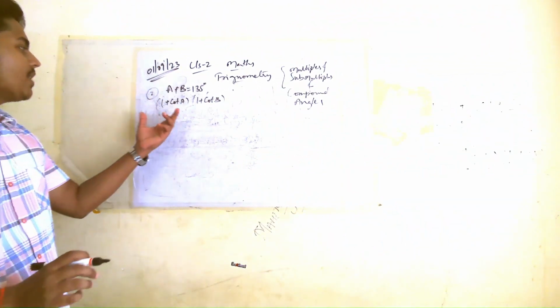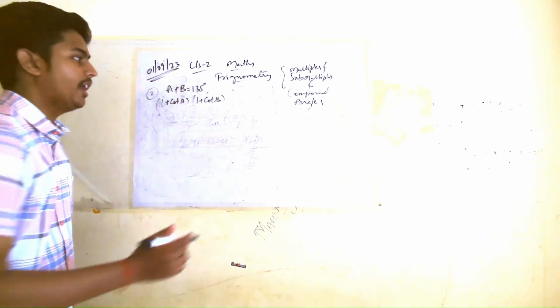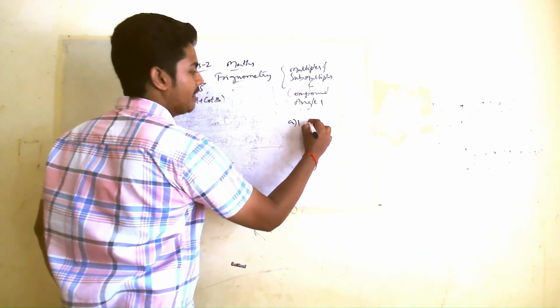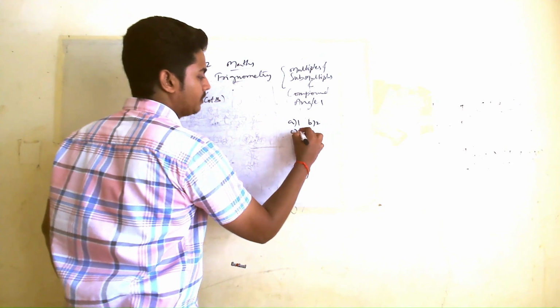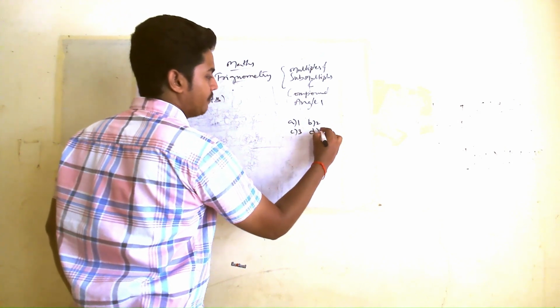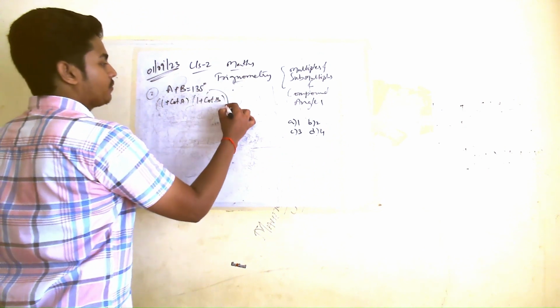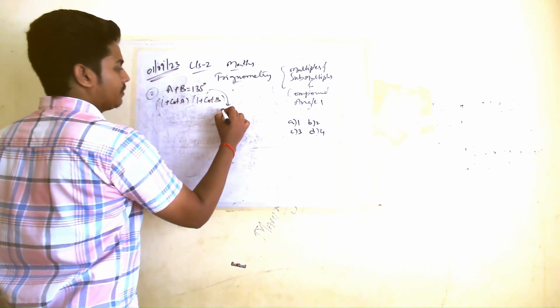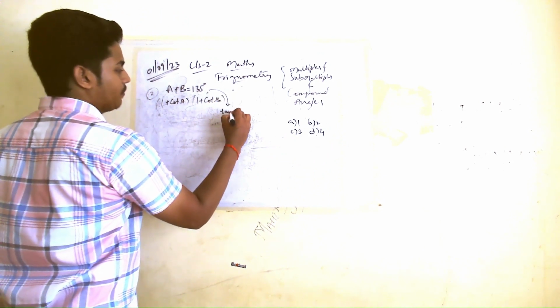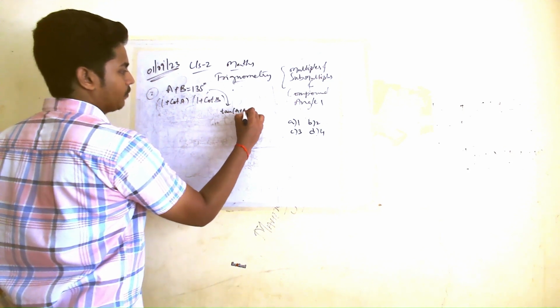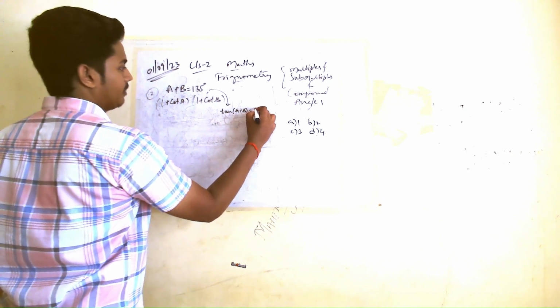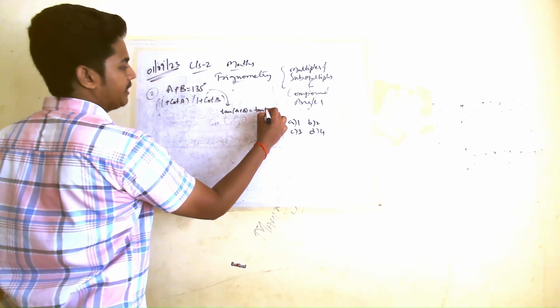Now our question is (1 plus cot A) into (1 plus cot B), and our options are 1, 2, 3 and 4. Before going to this formula, I will apply tan of (A plus B) is equal to tan of 135.